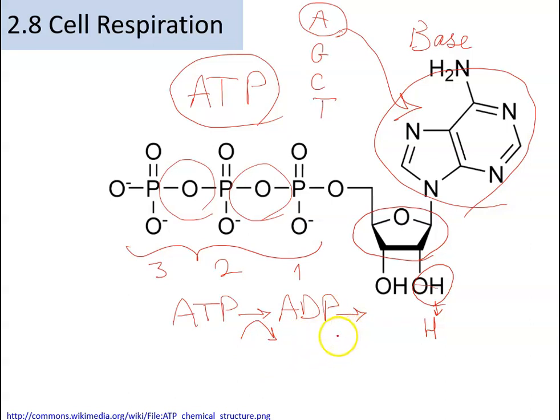If ADP is losing another phosphate group, then that will become what? Can you tell me? ATP is adenosine triphosphate, ADP is adenosine diphosphate, which is 2, and the third one is adenosine monophosphate. So if one phosphate is gone, it is ATP to ADP, and if another phosphate is gone, then that will be ADP to AMP.